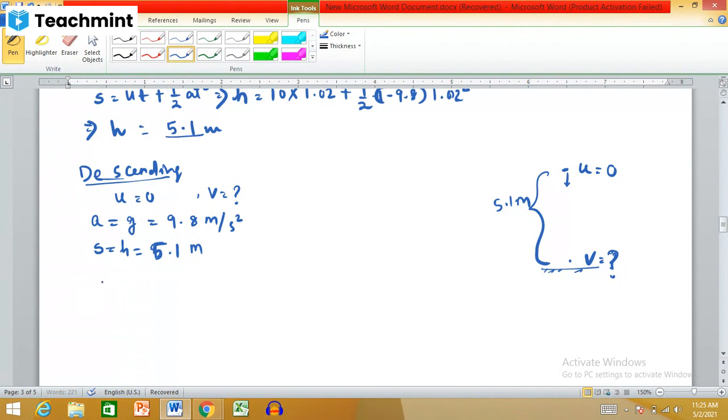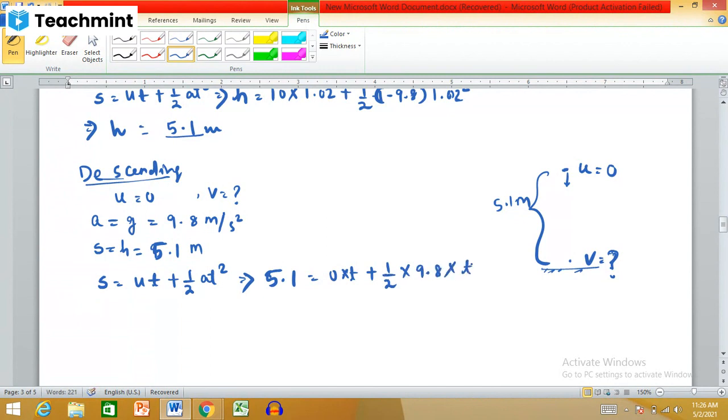So what formula will we use to calculate the time? You can use this formula: s is equal to ut plus half a t square. So s is equal to 5.1 equals ut, which is 0 into t. No need to write, you can directly write this as 0. Half a is equal to 9.8, into t square.